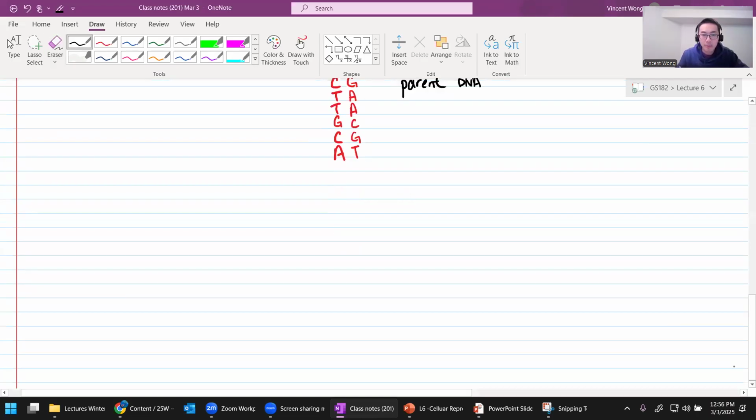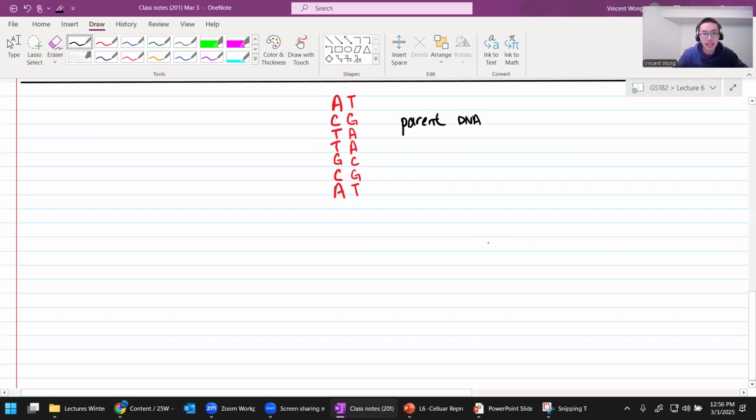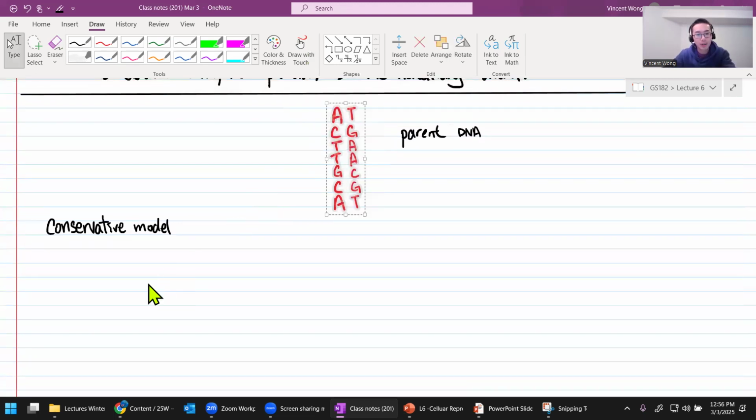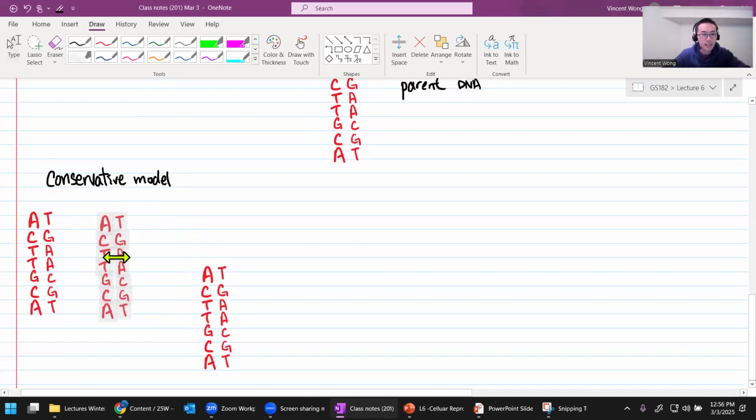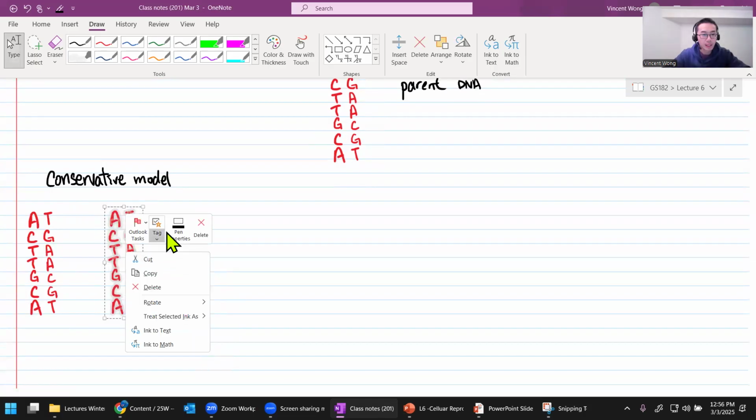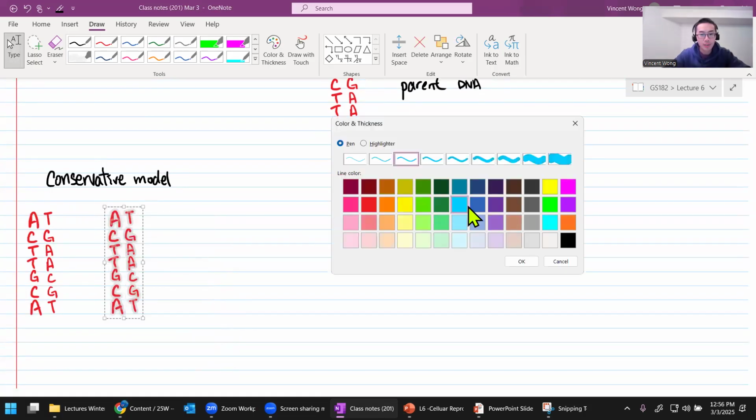Now, there are three models of DNA replication. The first model is called the conservative model. And the conservative model goes like this. You take your original DNA and then you literally make a copy of it. And then I will use a different color to represent the new DNA.